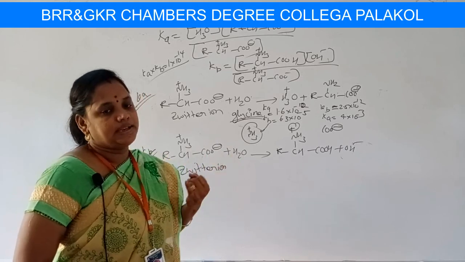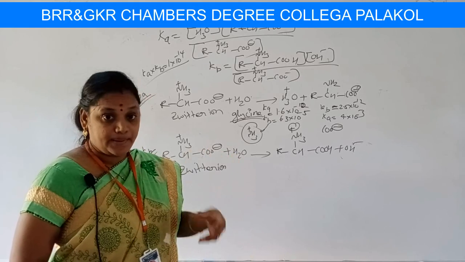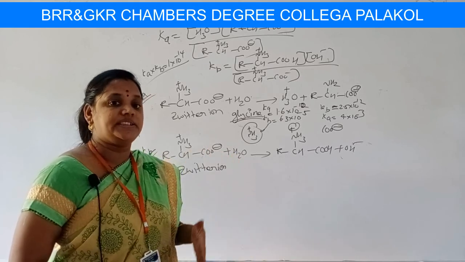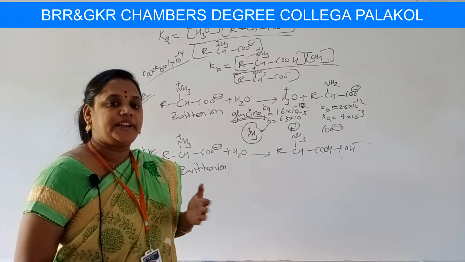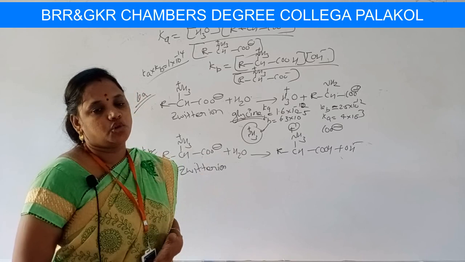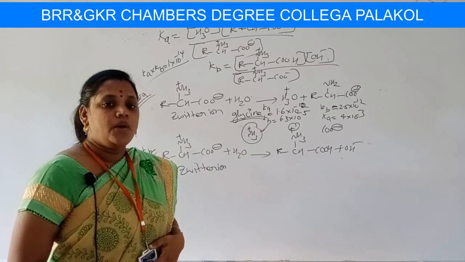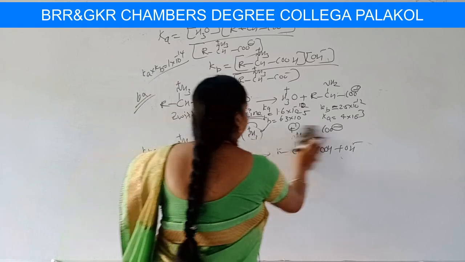One proof is the high dielectric constant, the other proof is the high boiling point because of the presence of acid and basic groups, and one proof is that IR spectra do not show the spectra for a free NH2 group and free COOH group.